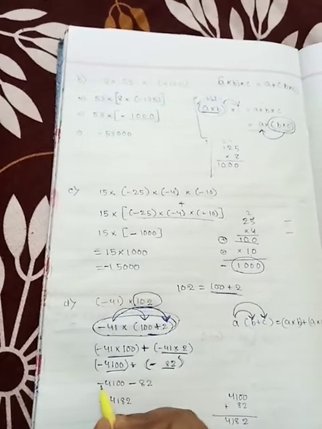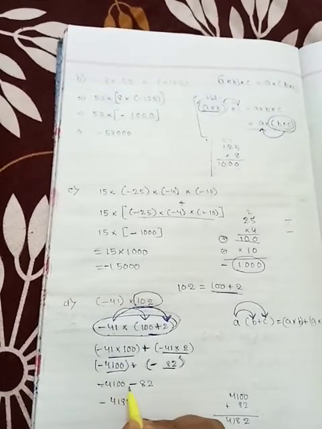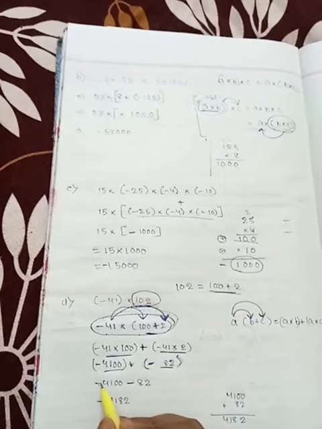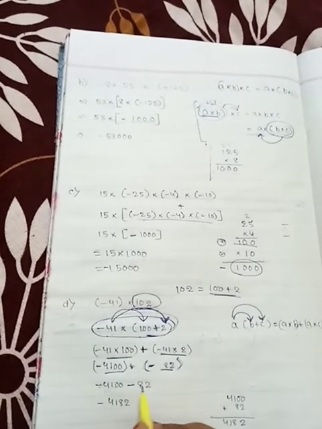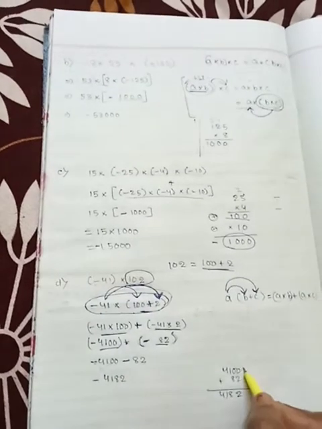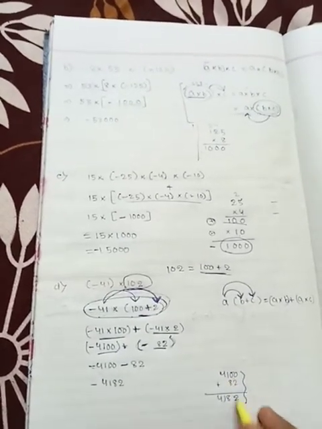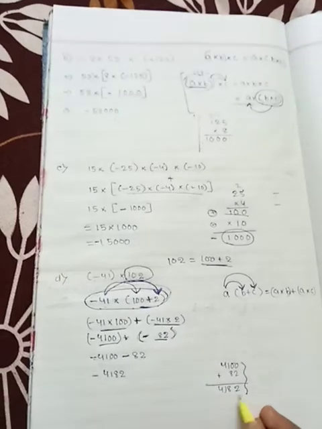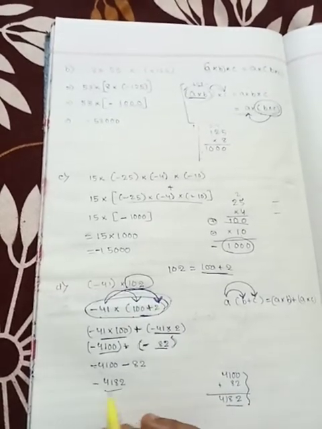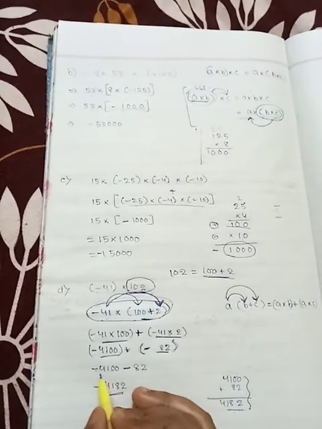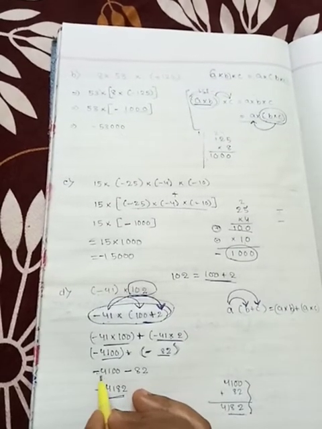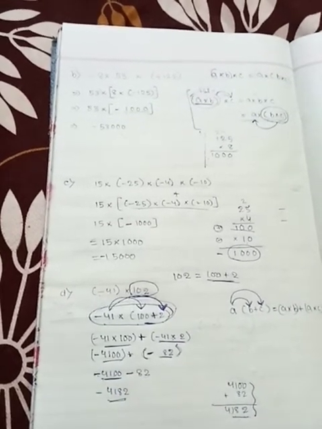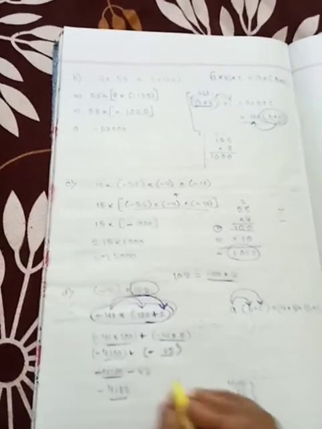This minus remains the same, minus 4100 minus 82. So minus minus plus, what we have to do, we have to add it. Just see here, after adding we got 4182, just write down 4182. And what sign will we write here? The largest number's sign, because it is in addition and subtraction.